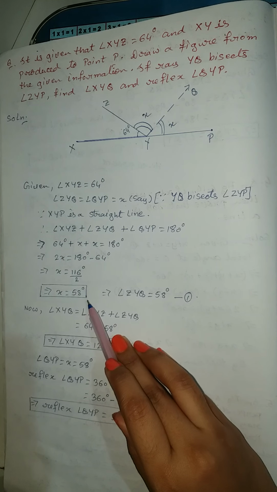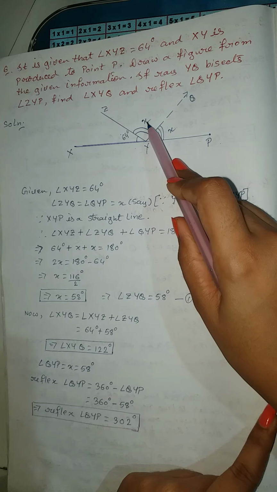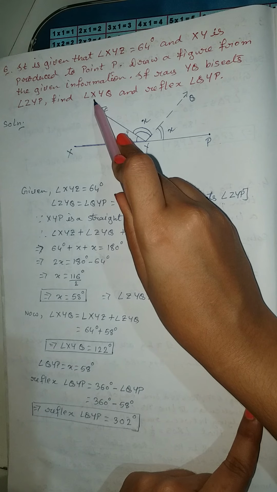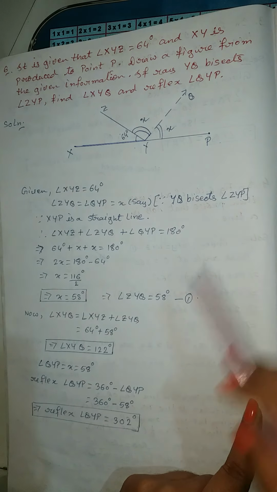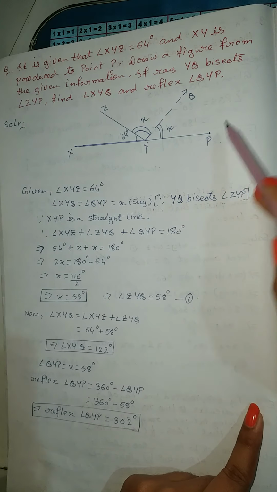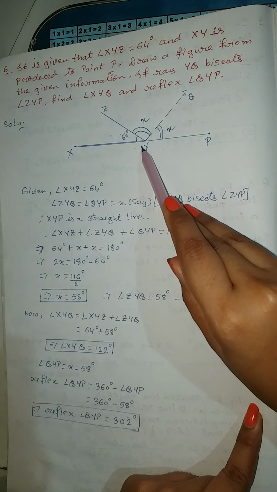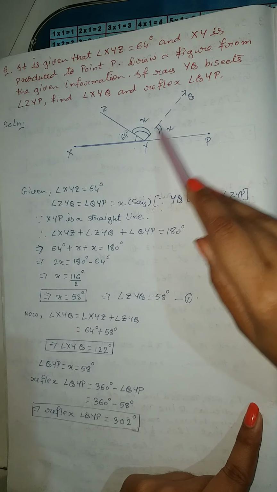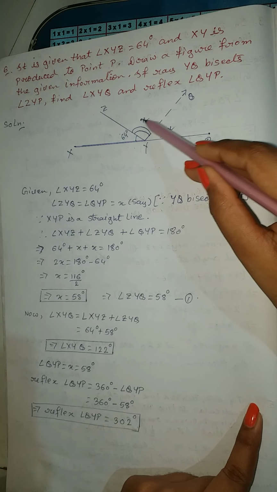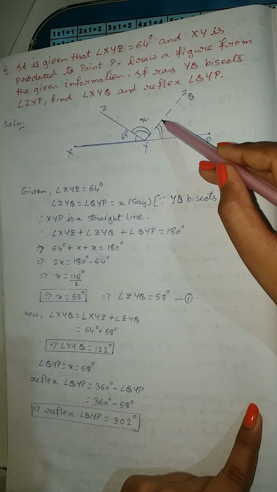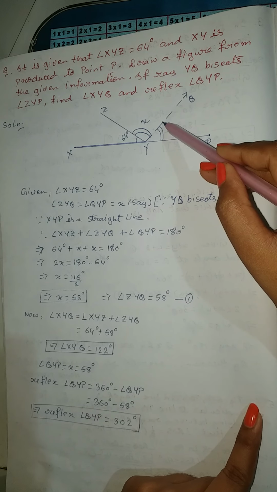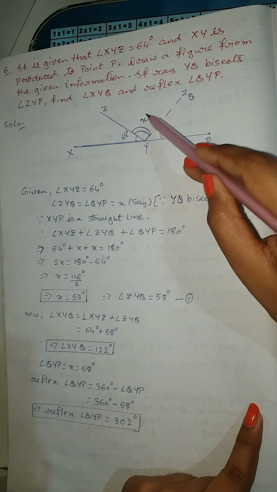58 degrees. So since X is 58, they have asked for XYQ. Now where is XYQ? This is the angle, right? So we can see that XYQ is the sum of this angle and this angle.